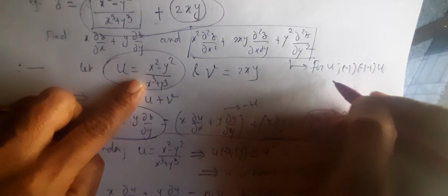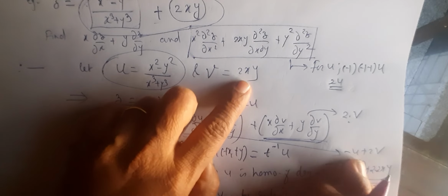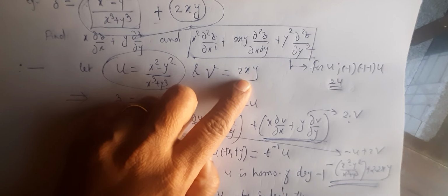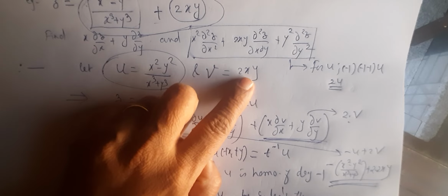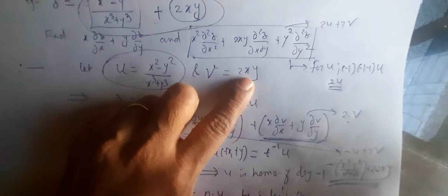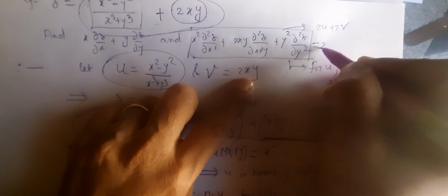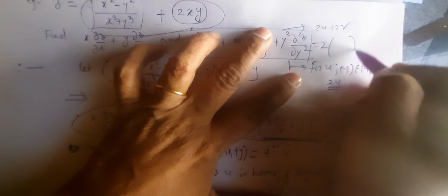So for u this expression will be 2u, since (−1)(−1 − 1) = 2. In the same way, for v, v is homogeneous of degree 2, so that will be 2(2 − 1)v, which is again 2v. So this entire expression is 2u + 2v, which is 2(u + v), whatever is your u plus whatever is your v.